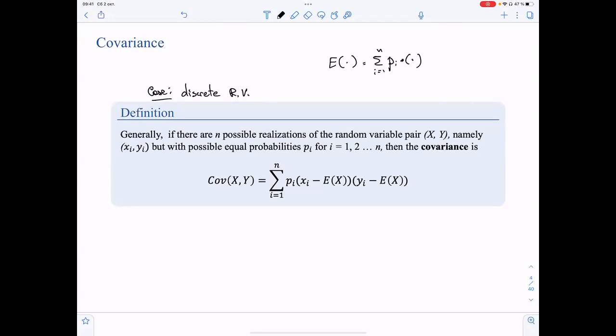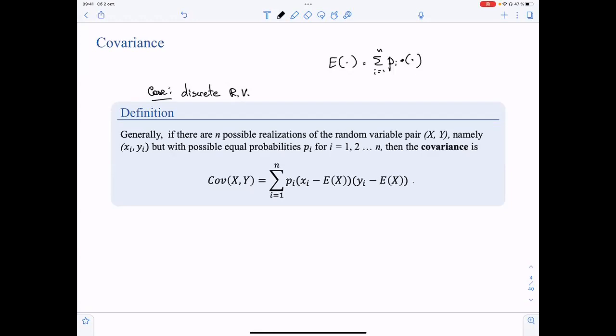This is the definition of the expectation under the assumption that we are discussing discrete random variables, and this stands for the covariance.